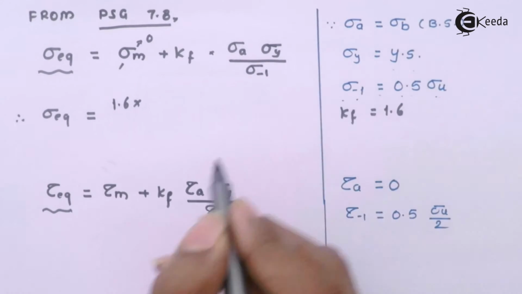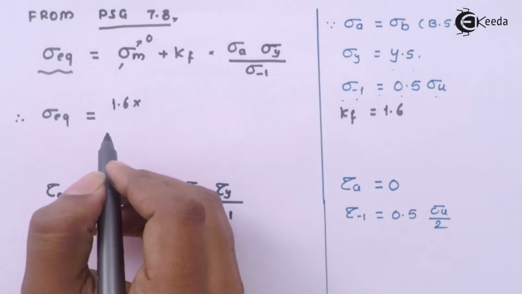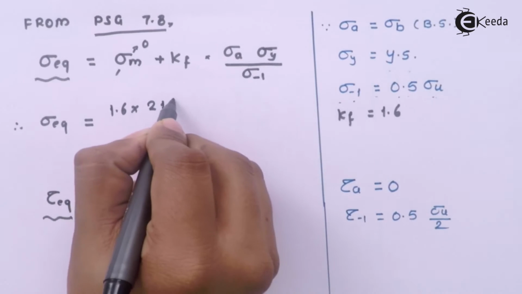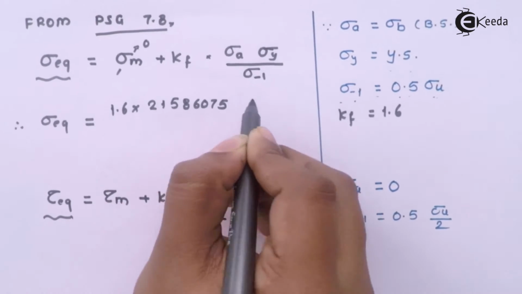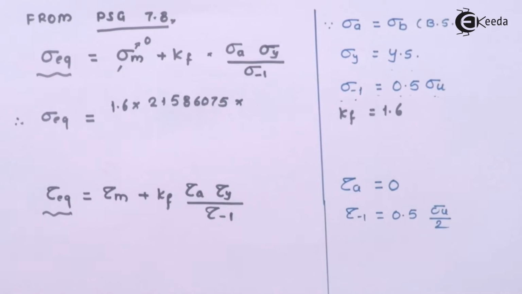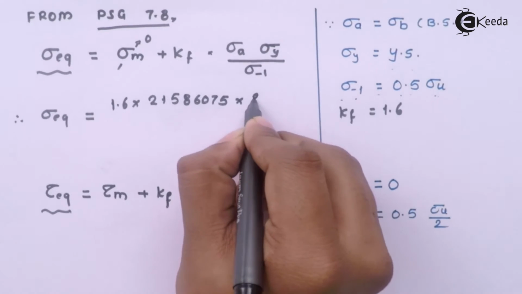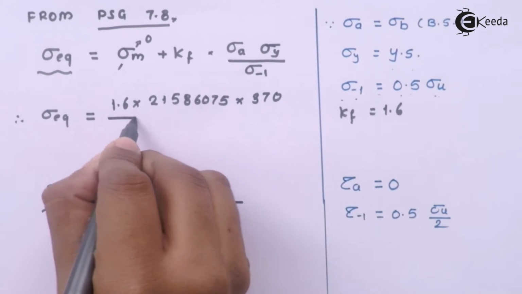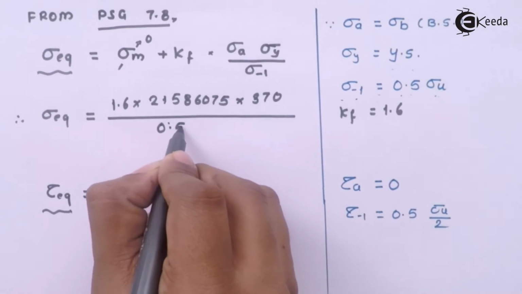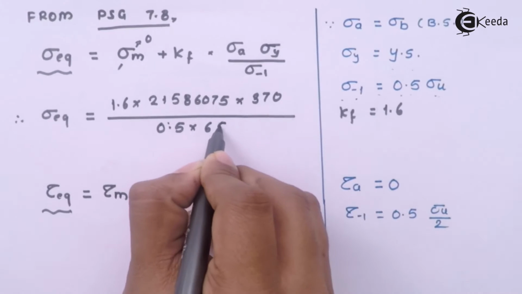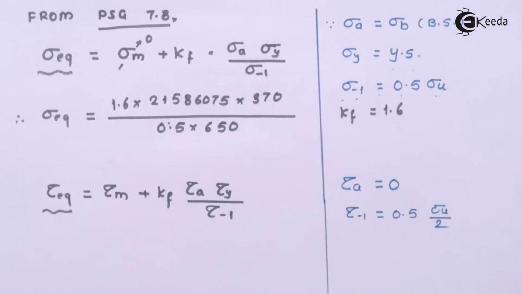Sigma A becomes sigma B, which value we already have written down is 2158.6075 into the yield strength that we already know, which is 370, and this particular factor becomes 0.5 times 650, which is the yield strength.